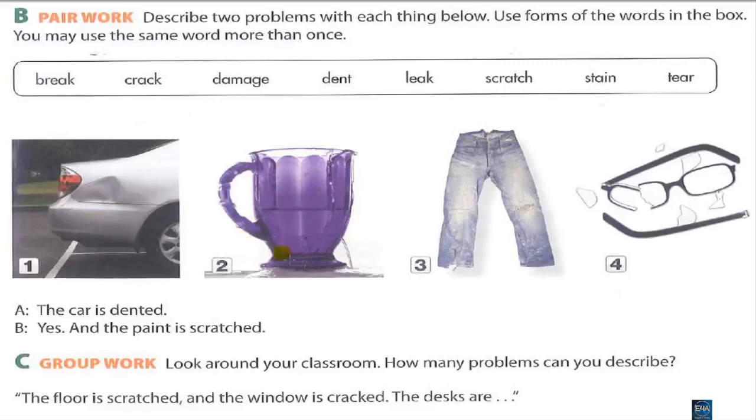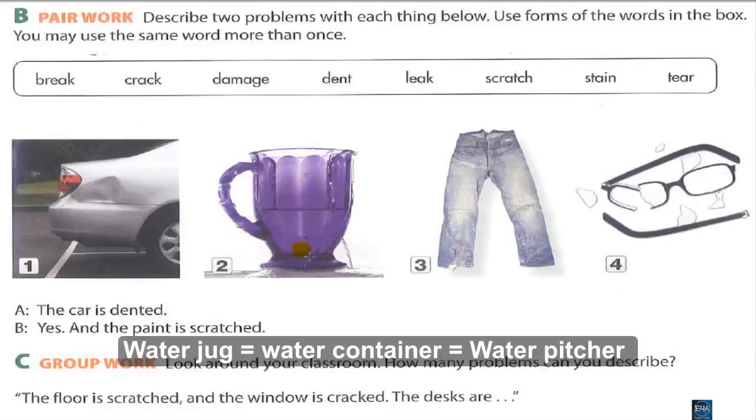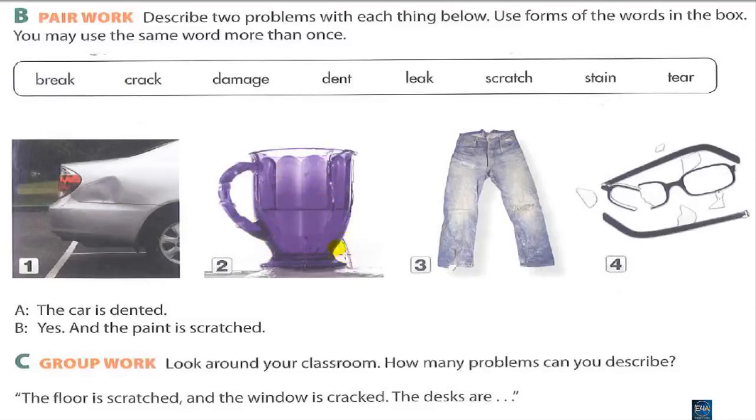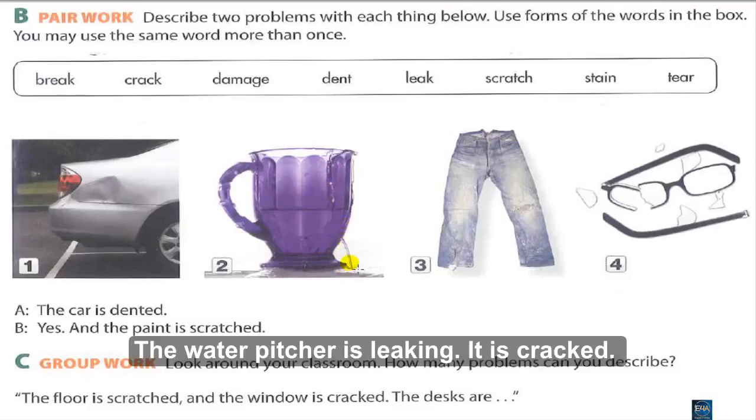Second problem, what do you see here? This is a water pitcher, a water jug, and you have here some water. So I can say it's leaking. It has a leak. The water pitcher is leaking.